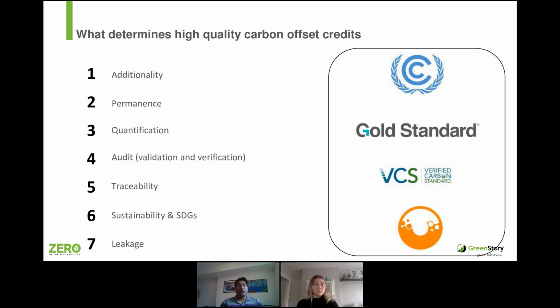The second main criteria is permanence. So all the emissions which are being avoided or removed or reduced by these carbon offset projects should be permanent and long lasting.